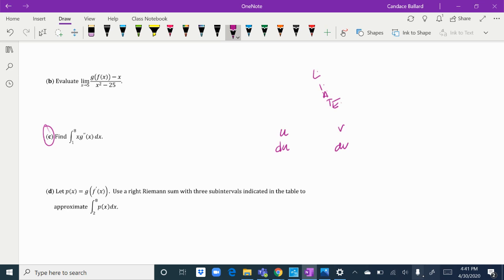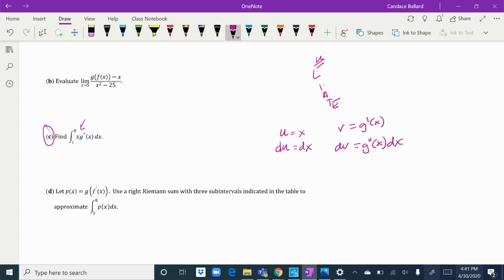Because I don't really have all those parts, but I do have something algebraic, and this helped me pick my U. So I'm going to put the algebraic piece in my U. G double prime would be very easy to integrate, so I would want to put that in my dv. So du is dx, and then my dv is G double prime dx. Well, I know when I integrate that, I have to get back to G prime.